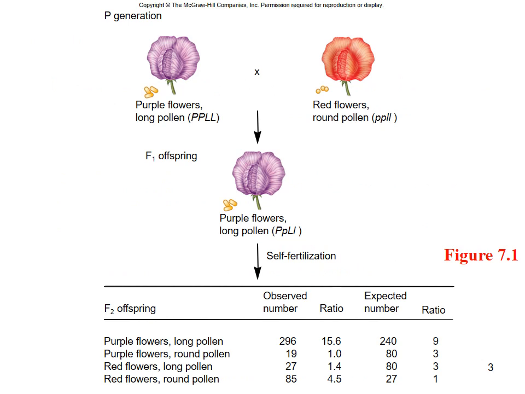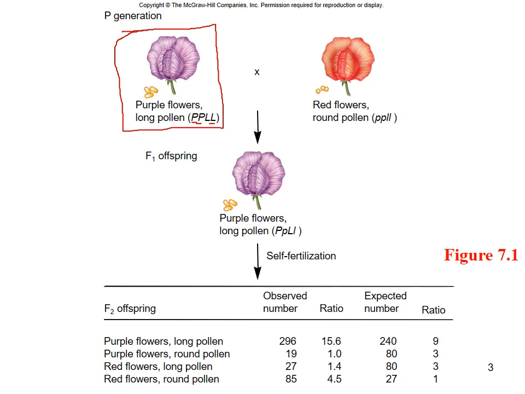So let's, for instance, take a look at this example right here. We are looking at 2 specific traits of this flower. We're going to take a look at the color, and we're going to take a look at the pollen. So go ahead and start taking a look at your homozygous mix that's on the left-hand side in a parental generation, and you can see that you're looking at a homozygous dominant mix for both traits that will include the purple flowers and the long pollen, okay?